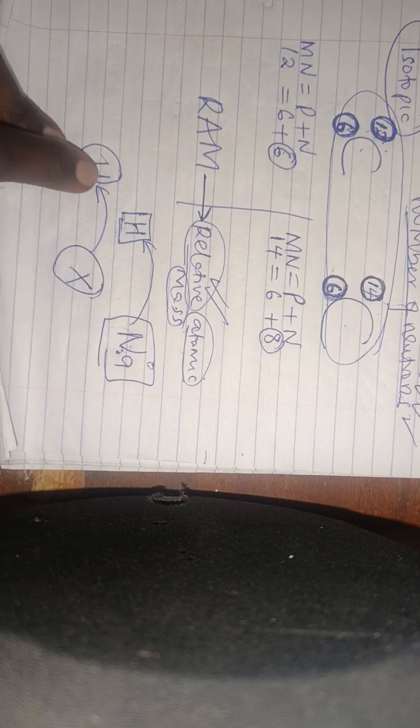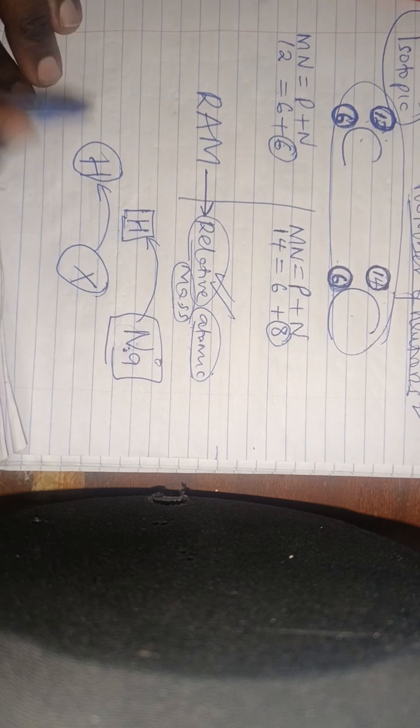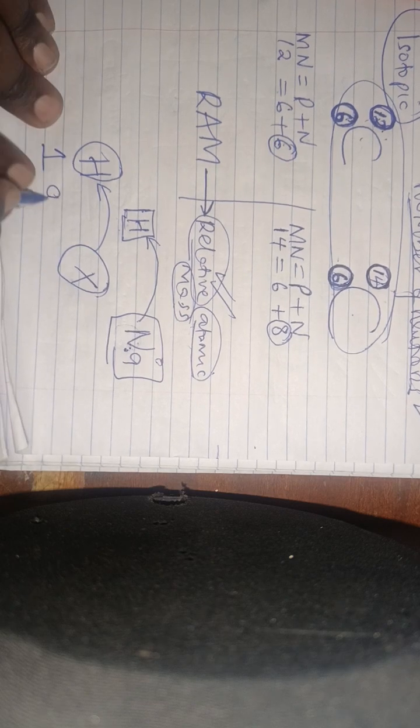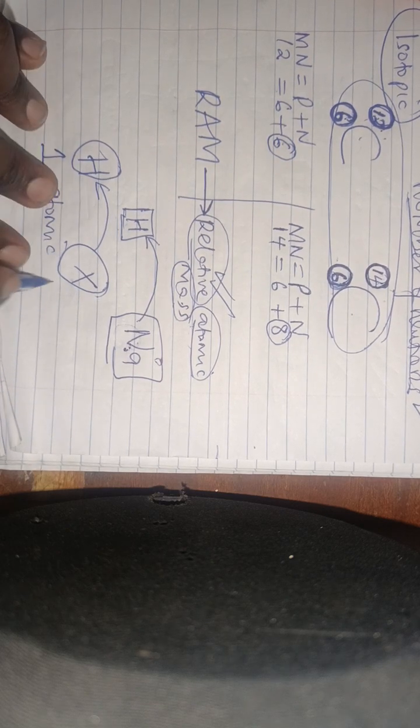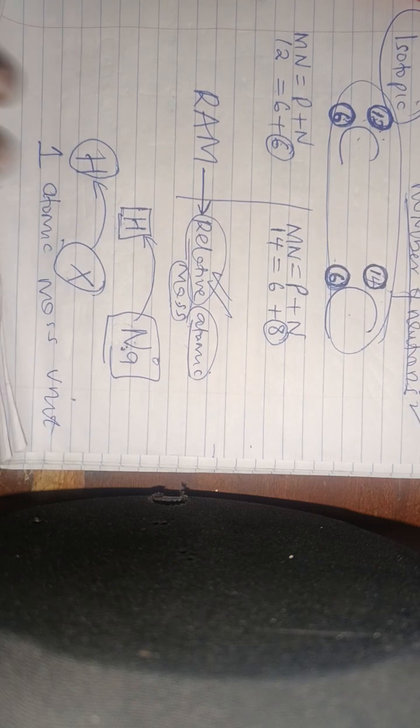Now, why was hydrogen used as the reference element? Because it was the lightest atom in the periodic table, with one atomic mass unit. So they might ask you, why do you think getting the atomic mass of a particular element could rely on hydrogen?